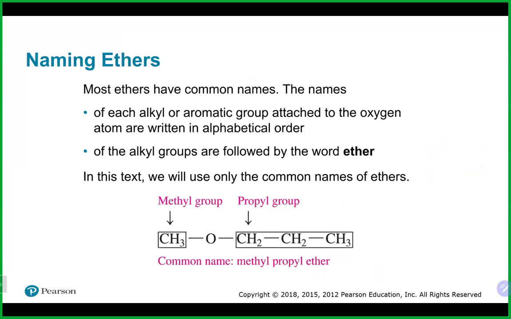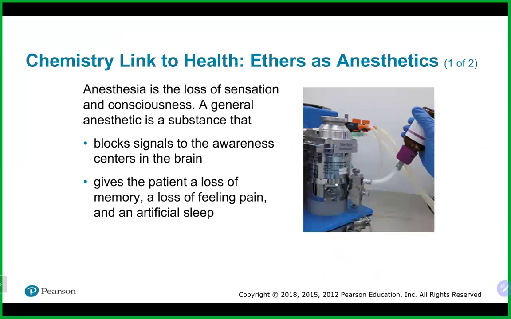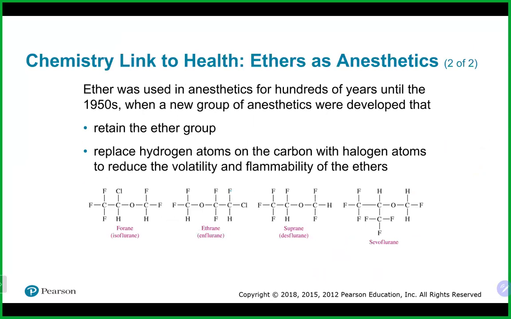All right. As we can see here, we go to our oxygen. To the left, we have a methyl group, and we have a propyl group. Again, alphabetical, in this case we would go methyl, propyl, ether. Ethers are used as an anesthetic, to keep you hopefully not feeling so much pain.